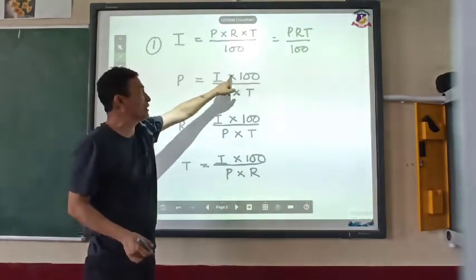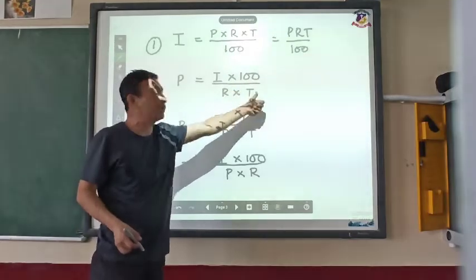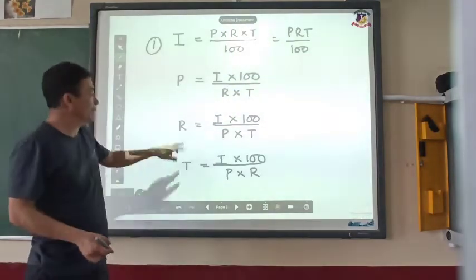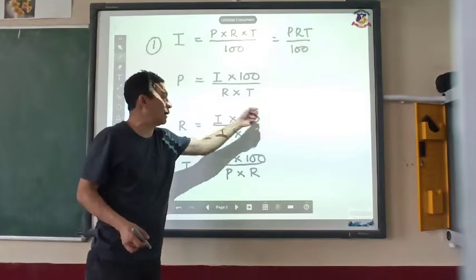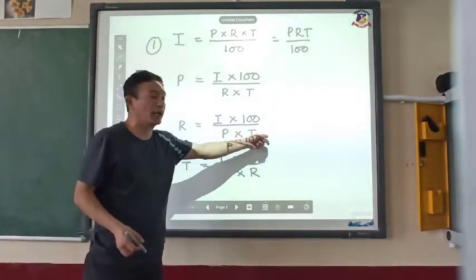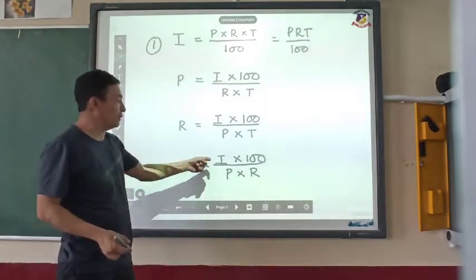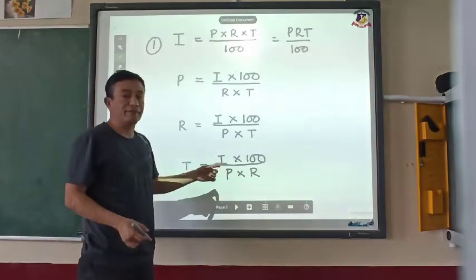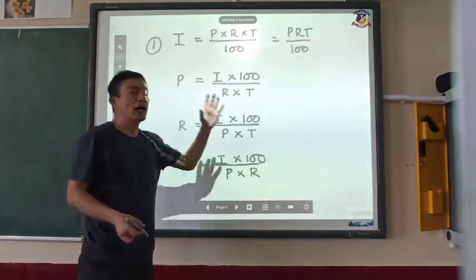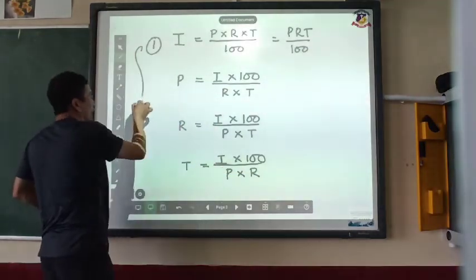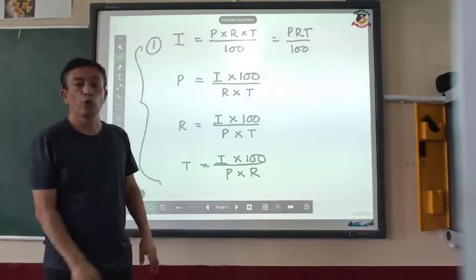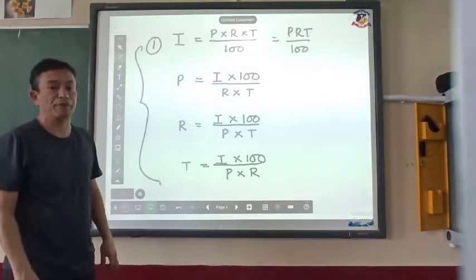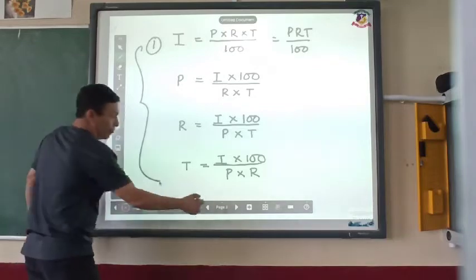If you know the interest, principal is interest into 100 divided by rate multiplied by time. Rate will be interest multiplied by 100 divided by principal multiplied by time, and time will be interest multiplied by 100 divided by P into R. So these formulas you will have to know. It has to be on the tip of your tongue.